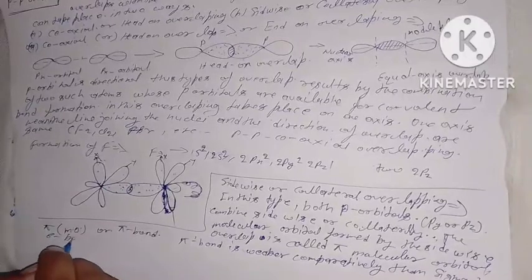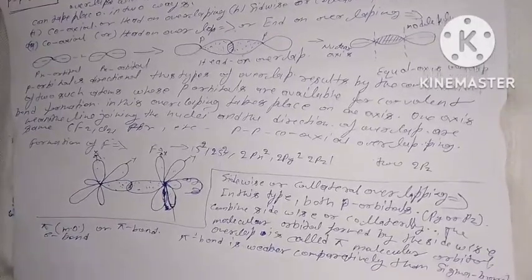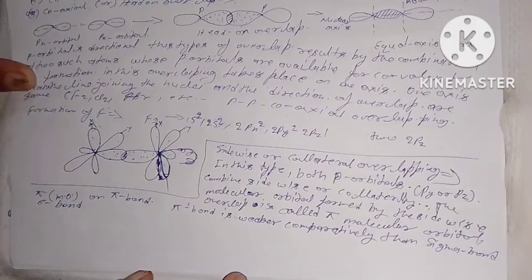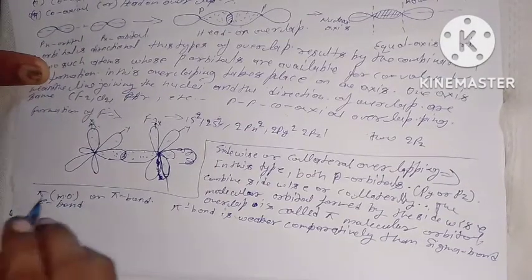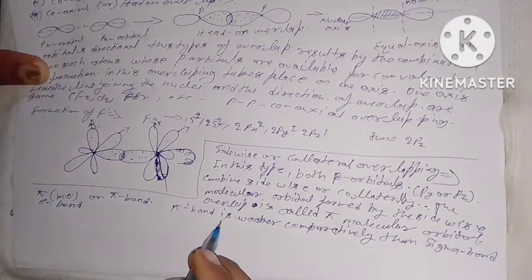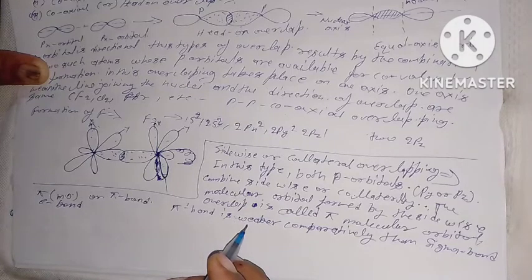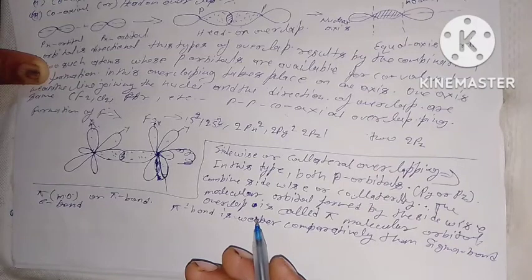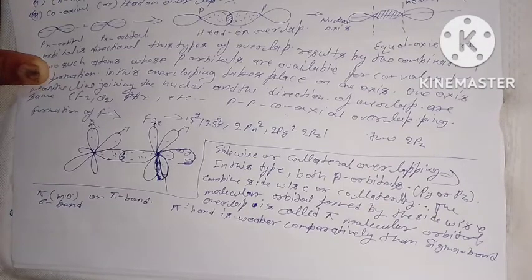This is the sigma bond. This is because the extent of overlap in sidewise overlap is smaller than in coaxial overlap.